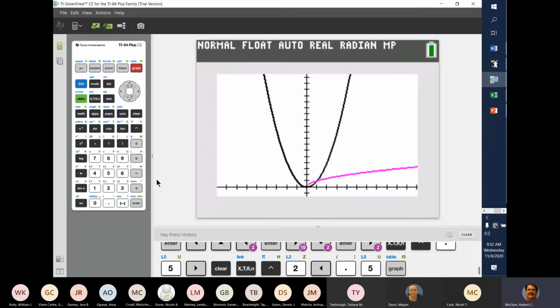Now, as you can see, you only got half a graph. Why do you have half a graph? Because you can't take the square root of a negative. But I'm going to draw it because I want you to see the actual, so our basic function looks like a parabola going upward.